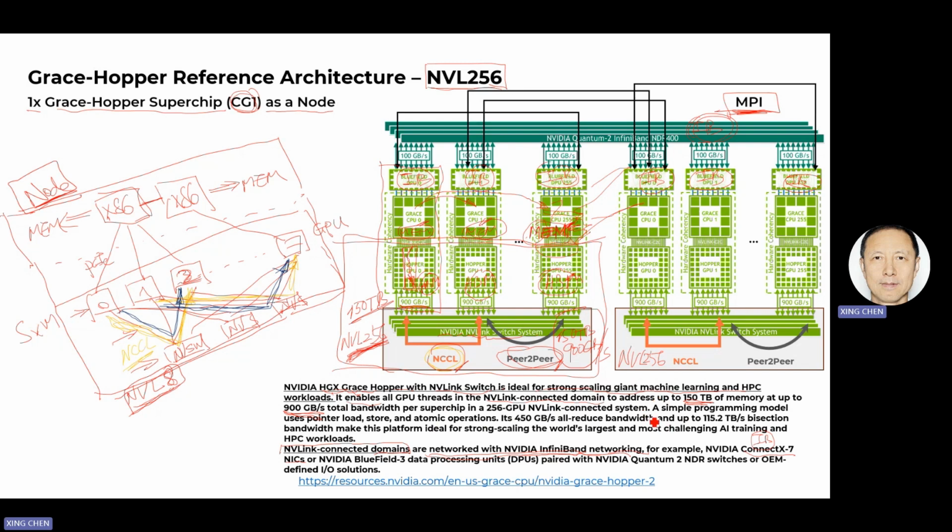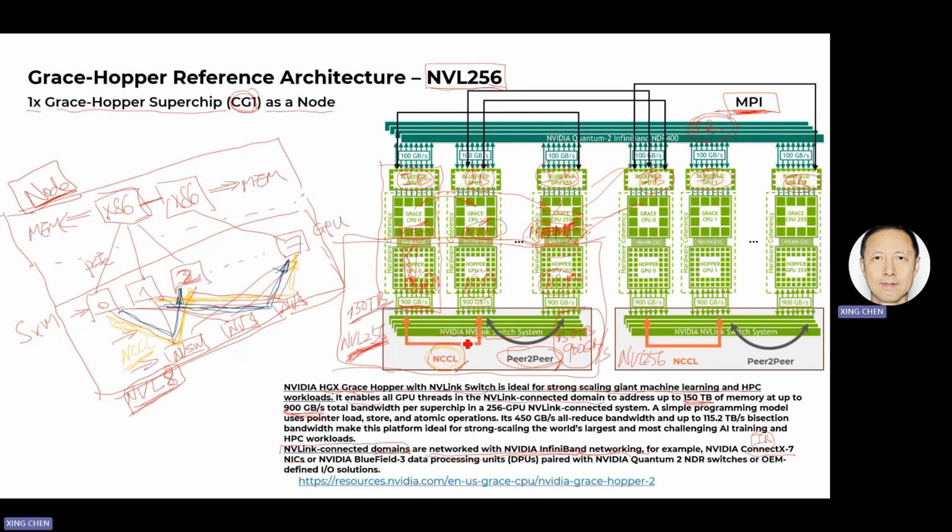If you use peer-to-peer memory access as your programming model, then you are going to have a simple programming model that uses pointer load, store, and atomic operations. And then we come to the NCCL part, the NVLink communication library for the NVLink communication network.